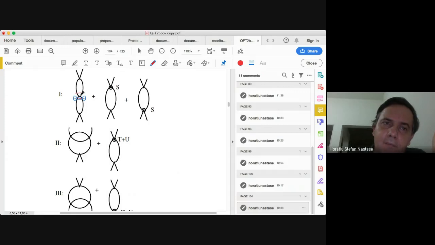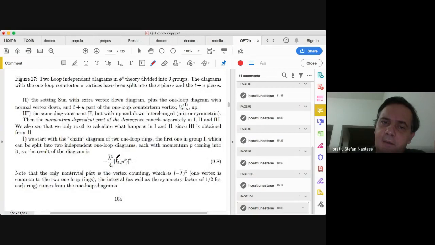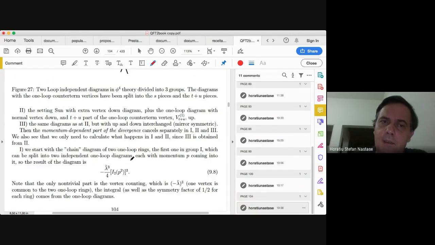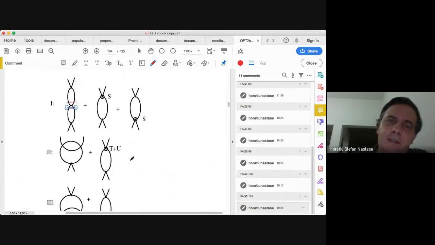And what's different? Well, this depended on the sum of these two momenta, but the sum of that is equal to the sum of this by momentum conservation, so that doesn't matter. So really, the result for this is just the product of the two one loop integrals, so I2 of p squared squared. And the only difference is the dependence on lambda tilde.